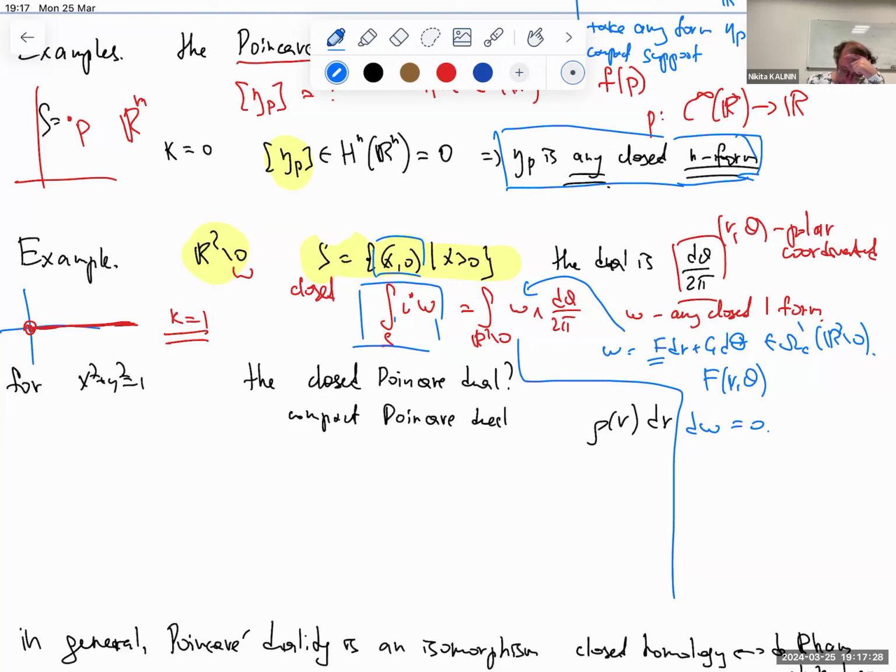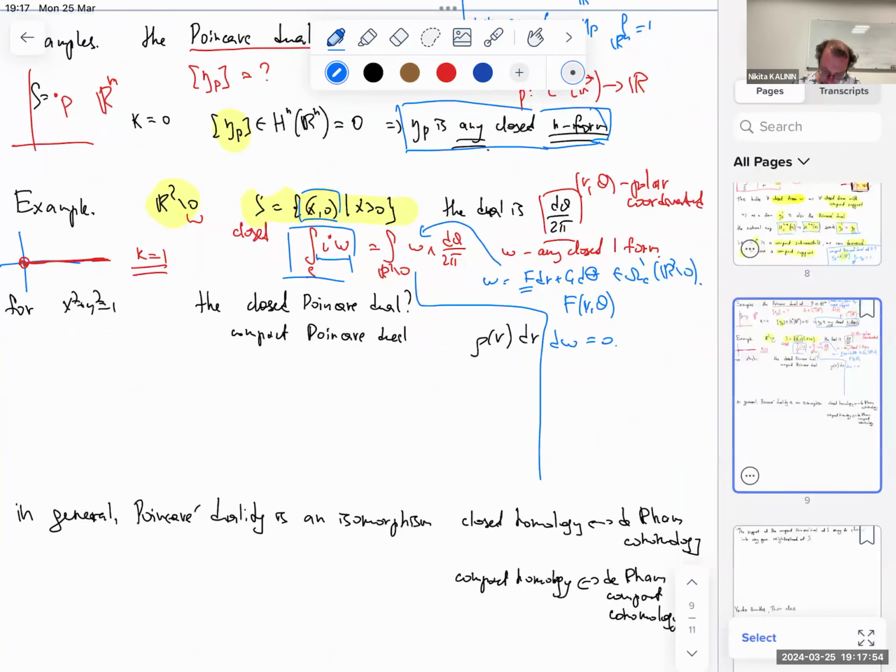And then also how to compute it. d omega is just df over d theta minus dg over dr. Well, I'm not so sure, because when we do it in usual coordinates, that's true. But here we have polar coordinates.